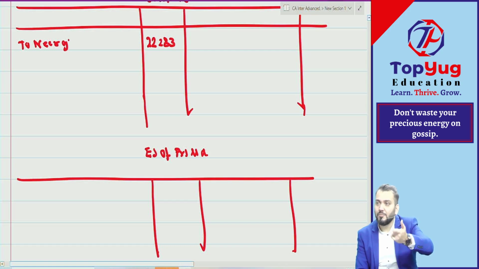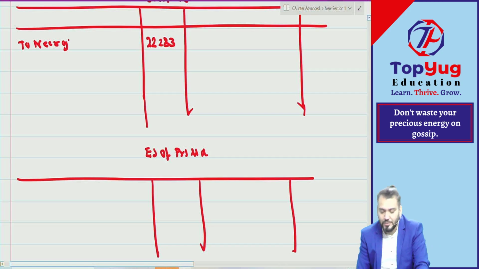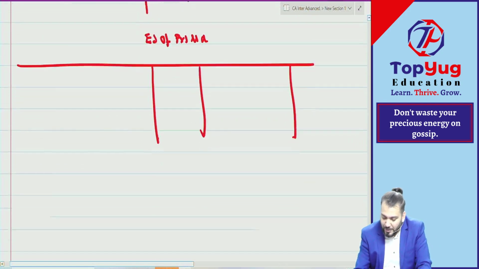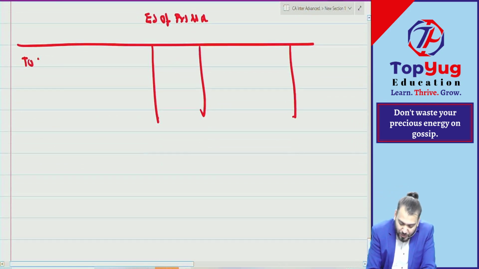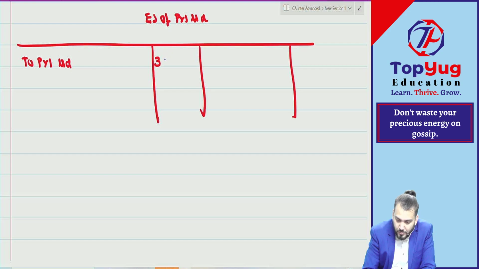If you assume cash, then it becomes easy. But intentionally I have taken what? Equity shares. So equity shares of private limited. See that, to private limited how much? 3 lakh. How much? 3 lakh 15,000. Yes sir.